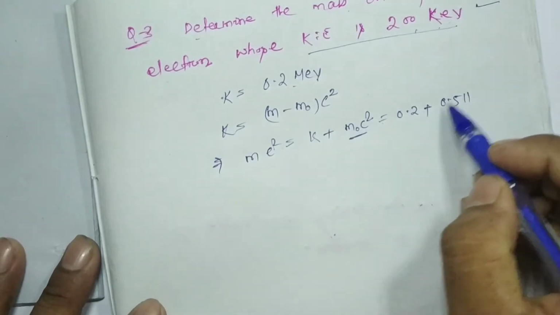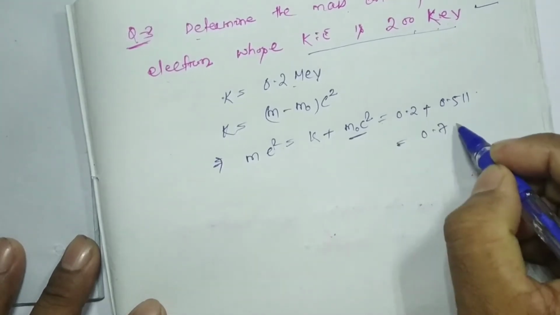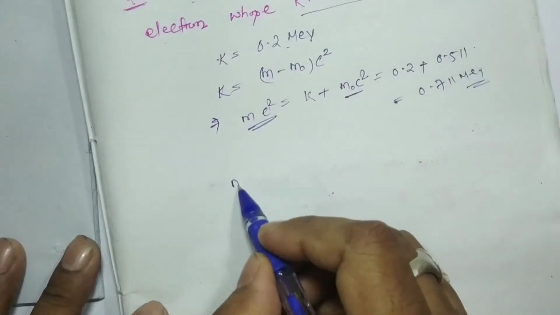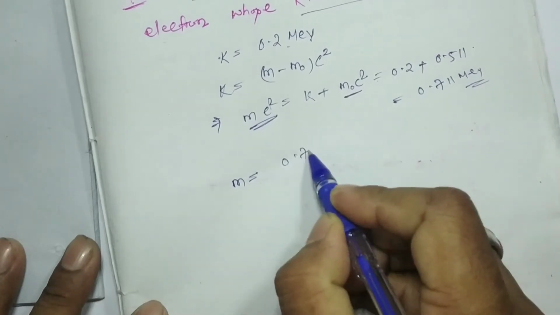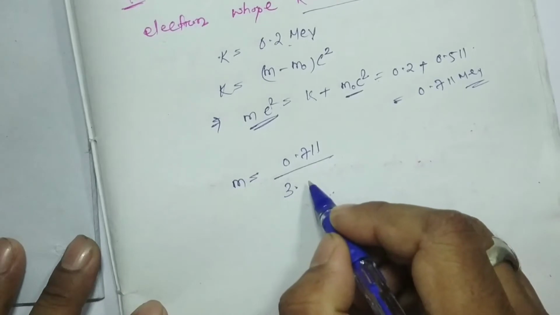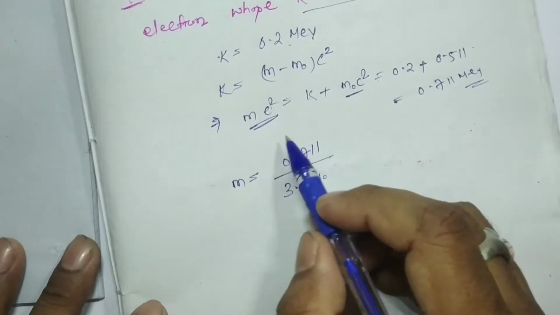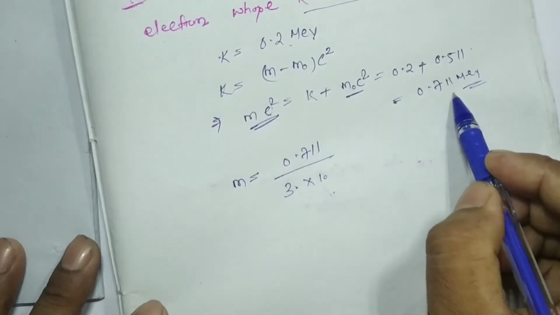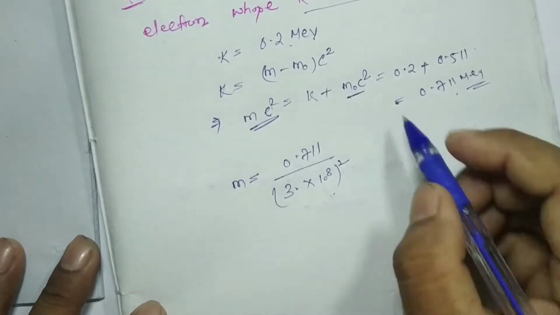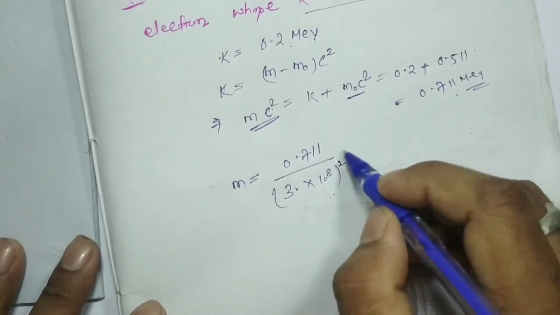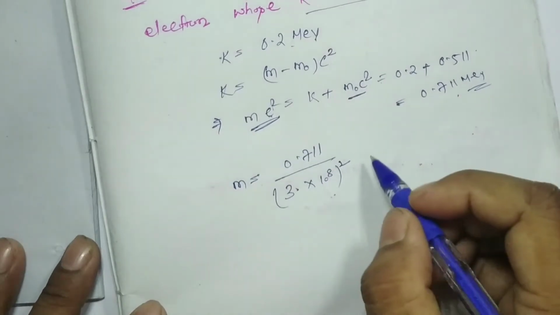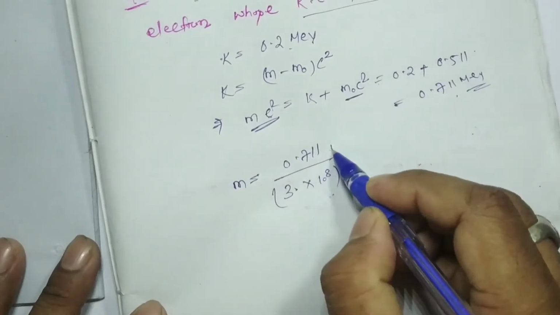This is also in mega electron volt, and we found 0.711 mega electron volt, that is our m c square. So m we can find by 0.711 by 3.3 into 10 to the power 8 whole square, since c square is divided over here. The value will be in the form of mega electron volt.